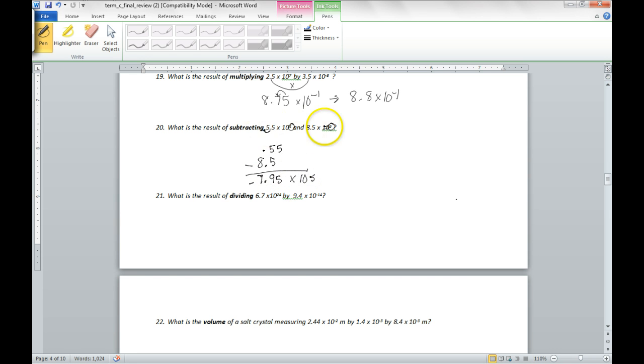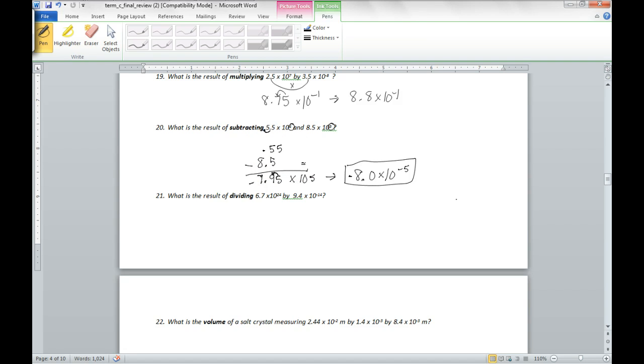We do have 2 sig figs here, so we round that up, which makes it 0. So our answer would be 8.0 times 10 to the negative 5. And remember, that's negative. Remember, we're subtracting something very, very big from something that's small, so of course our answer should be negative.